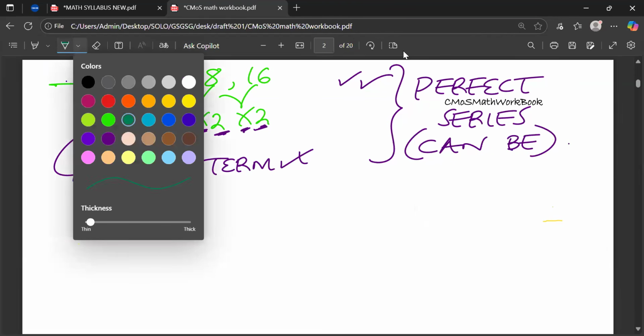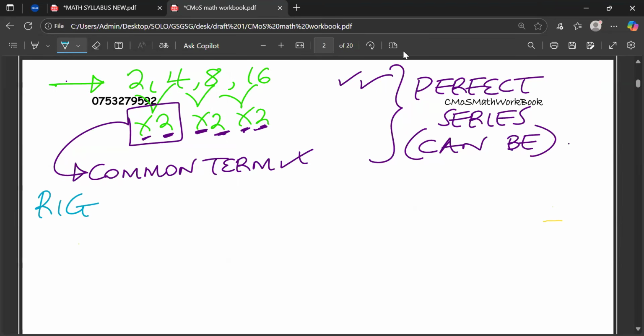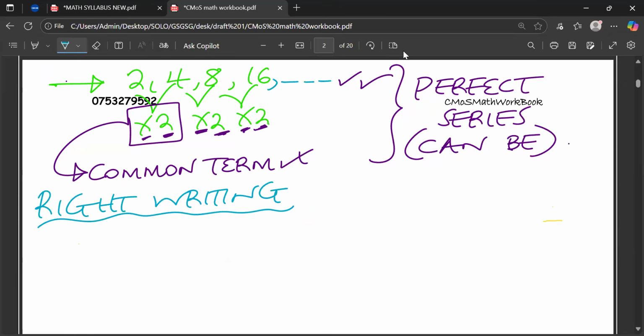So how is it supposed to be written? This is the right writing. Remember, they put dashes to show that there are some other terms. So if it's going to be a series, we set 2 plus 4 plus 8 plus 16 plus, that's what they call a series.